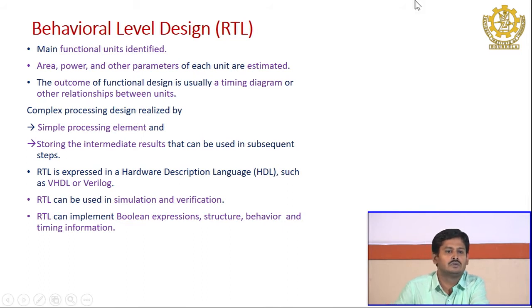So in behavioral modeling what happens actually, once the main functional units are identified, you try to estimate again each unit and its area, power and other parameters. So accordingly the outcome of the functional design is using a timing diagram or other relation between units.